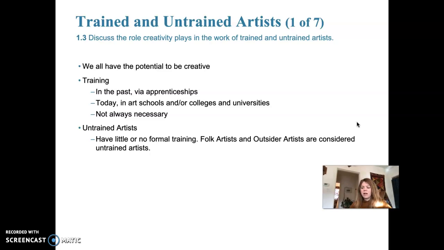Trained artists have received some sort of instruction in the field of art, while untrained artists have received little to no training, but they create anyway. A lot of the untrained artists are super interesting. Untrained artists also include outsider artists and folk artists. So we'll go into what outsider art is and what folk art is as well here.